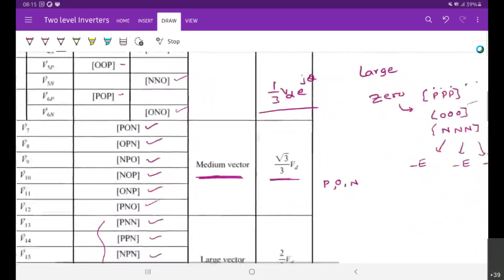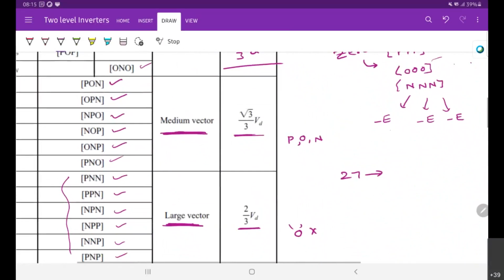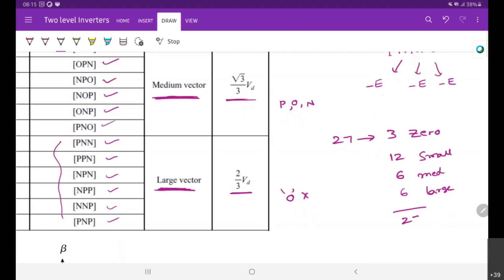So that means we have 27 space vectors. 3 are zero vectors, 12 are small vectors, 6 are medium vectors, and another 6 are large vectors. The total is 27, right?